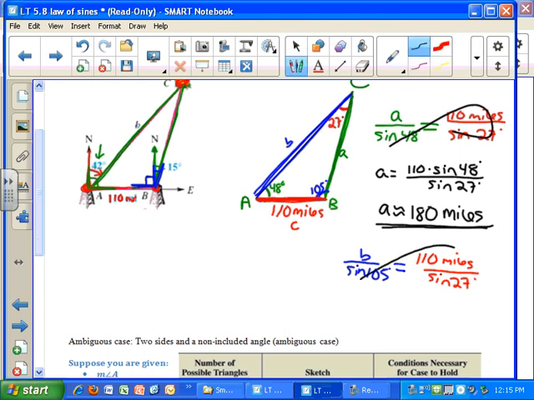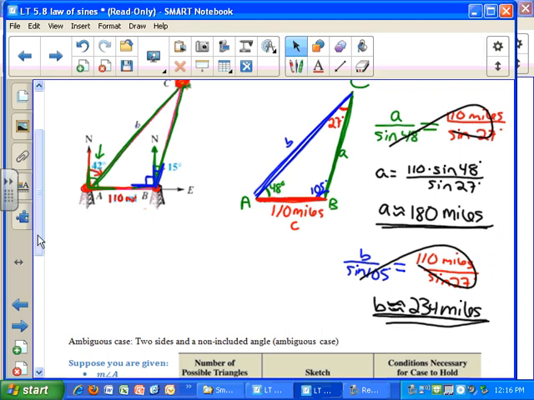And we can do the same thing, cross multiply and divide. And so B would be 110 times the sine of 105, all over the sine of 27. And we can round that when we type it in and get approximately 234. It's like 0.04, but we'll just round it and say it's about 234 miles.